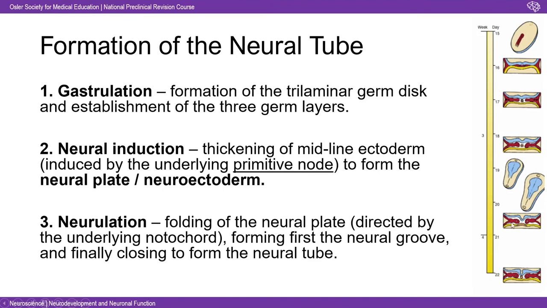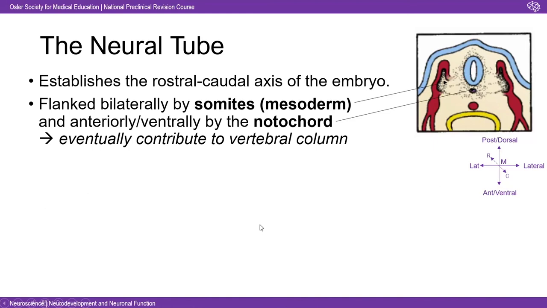We can see that continuing down here at around day 20. And then by embryonic day 22, that tube is closing up dorsally, and you are forming a complete neural tube. And that is the process of neurulation. That neural tube is going to form the basis of our nervous system. So here's the neural tube a little bit bigger.